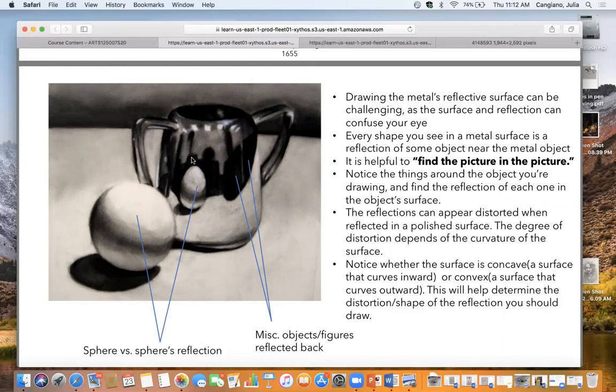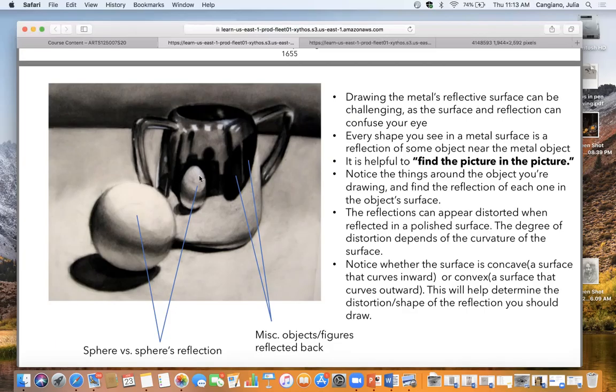So in this case, the sphere here is functioning really well, because you can find that sphere right in the reflection, and there is a certain amount of distortion, and you do see some of the background shapes, and it really describes the light and shadow well when you can visualize what it's supposed to be.